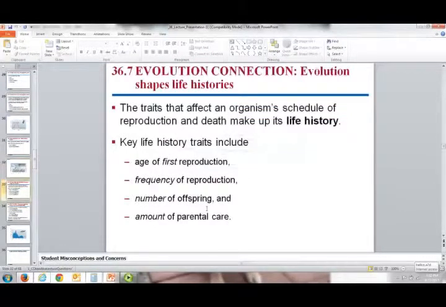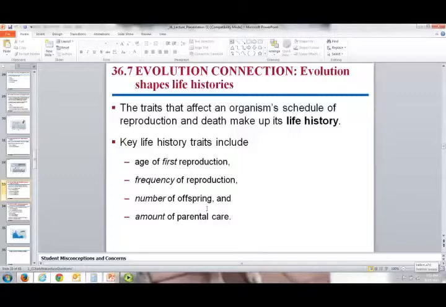So the traits that affect an organism's schedule of reproduction and death make up its life history. And some key life history traits include the age of first reproduction, how frequent they reproduce, the number of offspring, and the amount of parental care.